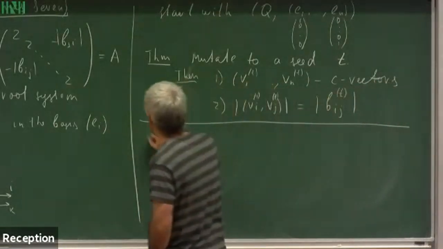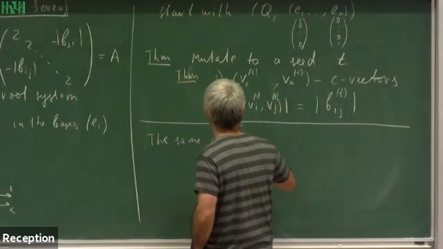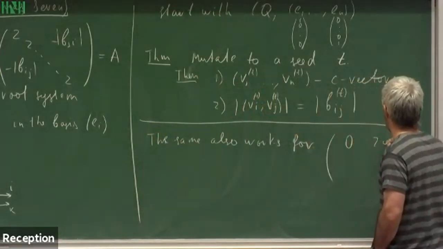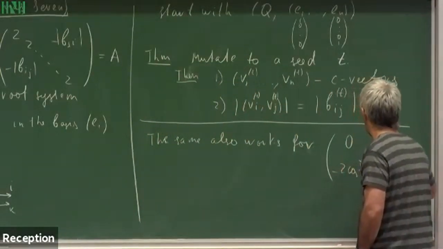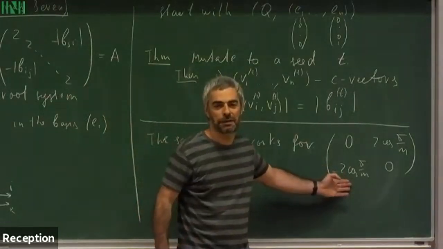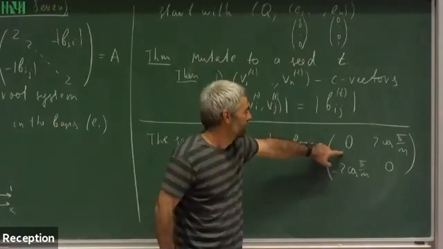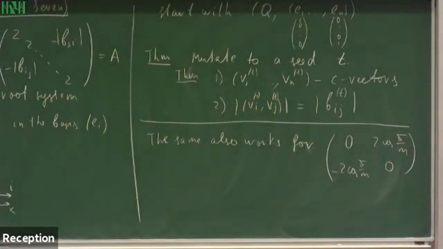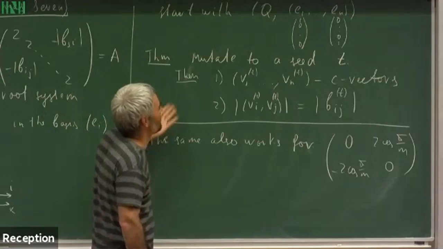And the observation is that this also works. Oh, no, sorry, this is matrix B. To have a Cartan matrix, I put 2 here, 2 here, and minus here.